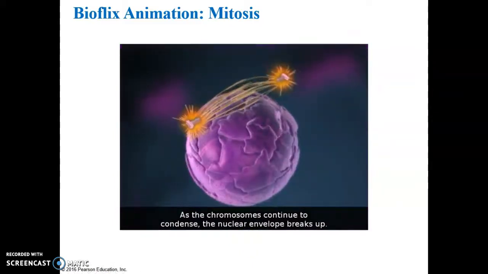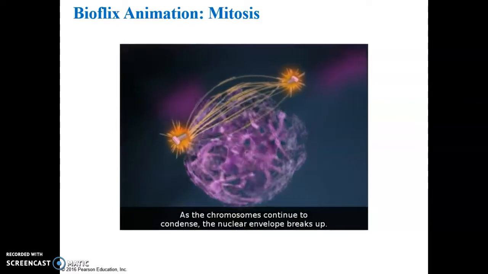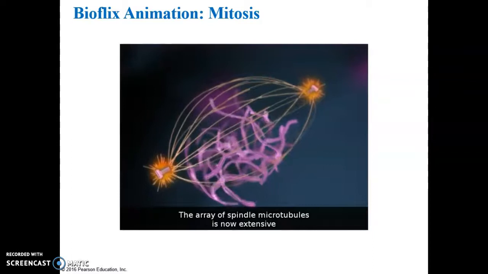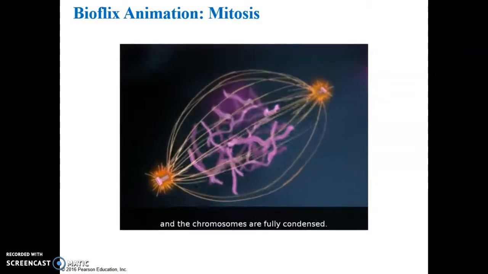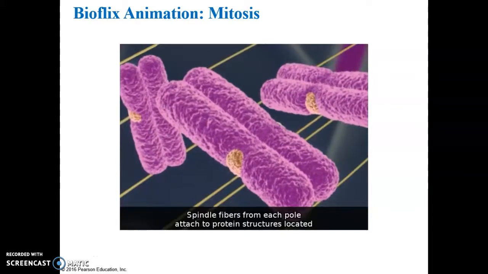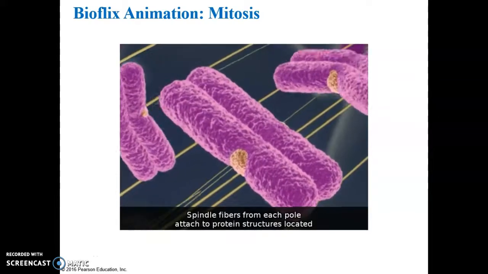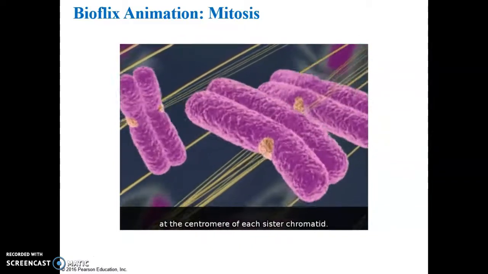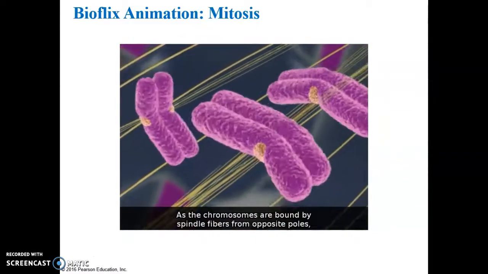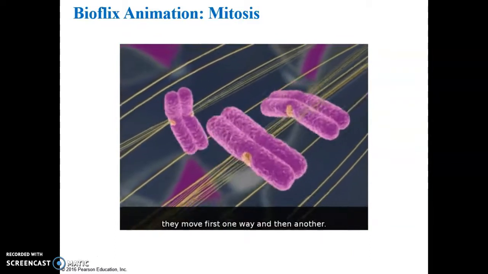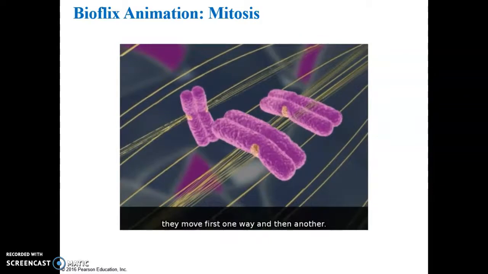As the chromosomes continue to condense, the nuclear envelope breaks up. The array of spindle microtubules is now extensive, and the chromosomes are fully condensed. Spindle fibers from each pole attach to protein structures located at the centromere of each sister chromatid. As the chromosomes are bound by spindle fibers from opposite poles, they move first one way and then another.